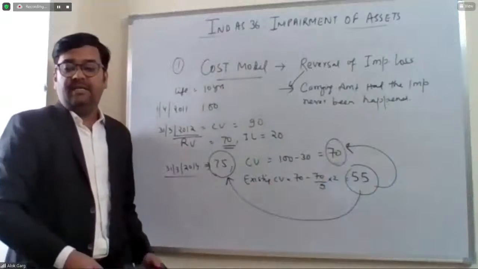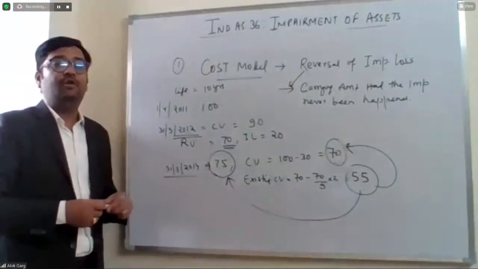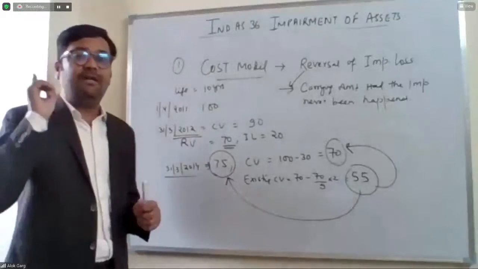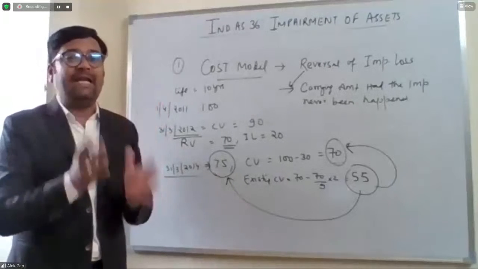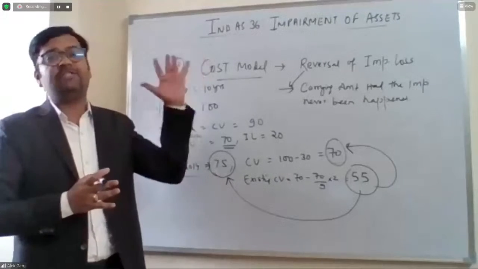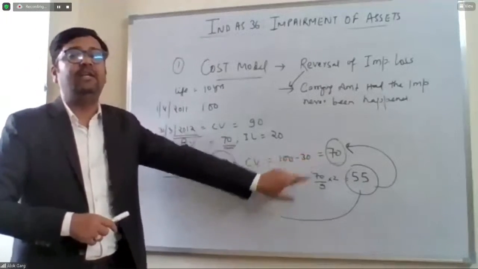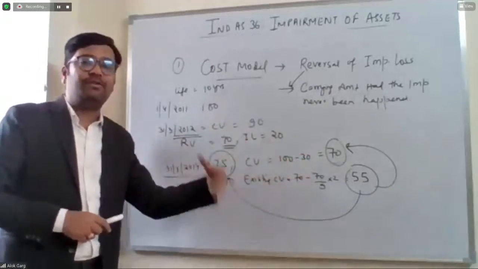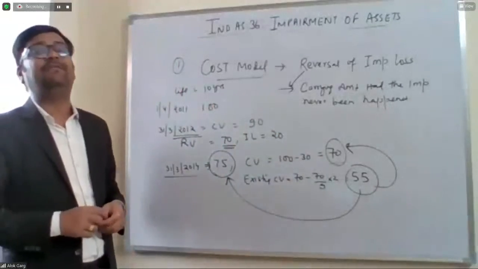In this case, the standard says that you are not required to reverse the impairment loss greater than what the carrying value could be had you never charged any impairment loss. So this should be 70. So in this case, how much impairment loss needs to be reversed? It should be reversed to the extent of 15 rupees.